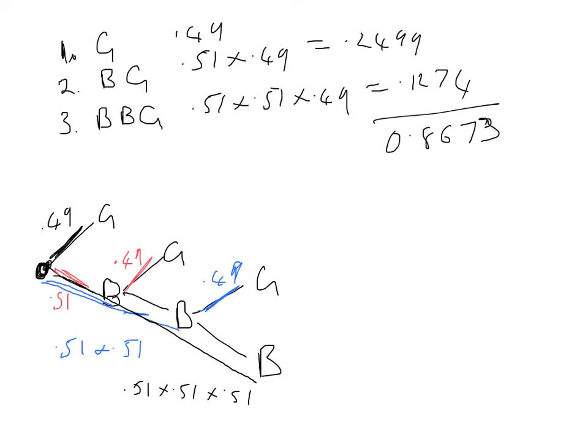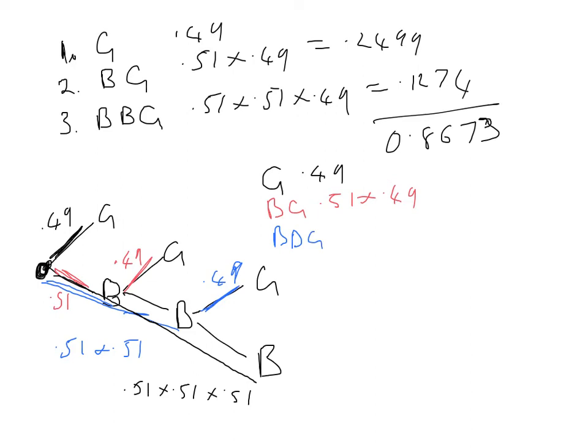All right. So what have we got? Okay, so the first branch is a girl. The probability of that's going to be 0.49. The next one is our little red approach, and so that'll be boy, girl. So that'll be 0.51 times 0.49. What about that next approach? It'll be boy, boy, girl.